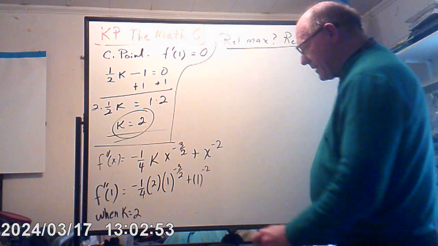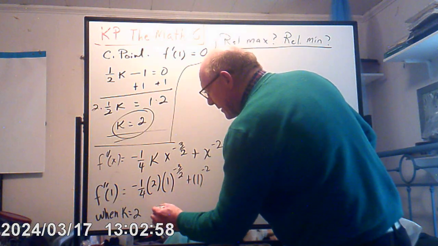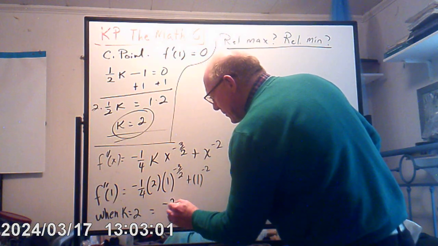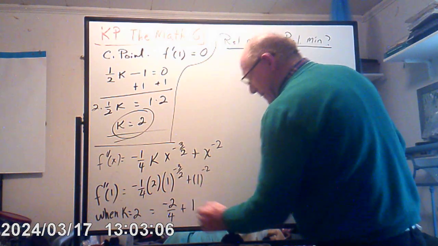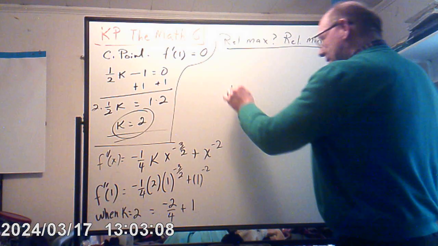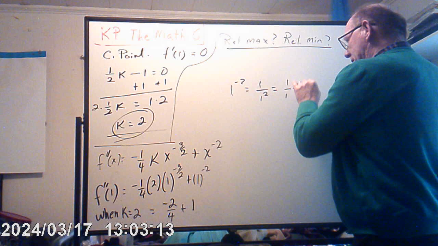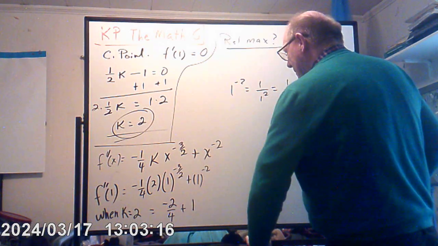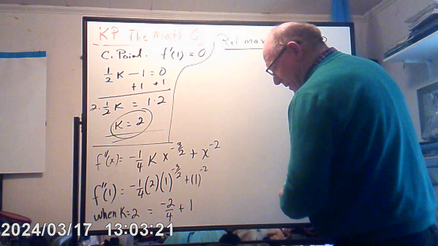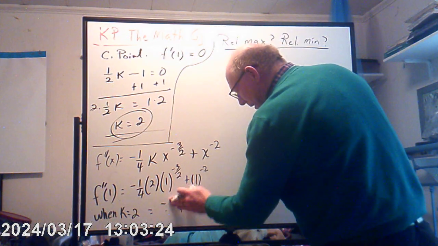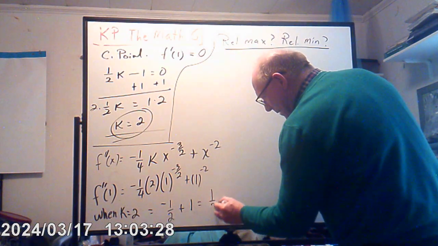This is negative 2/4 times 1, so that's equal to negative 2/4 plus 1 to the negative 2, which is 1/1 squared, which is 1/1, which is still 1, isn't it? 2/4 is 1/2, so negative 1/2. Negative 1/2 plus 1 is 1/2.